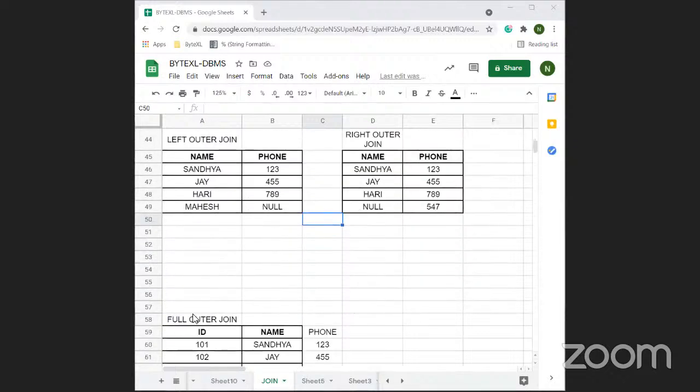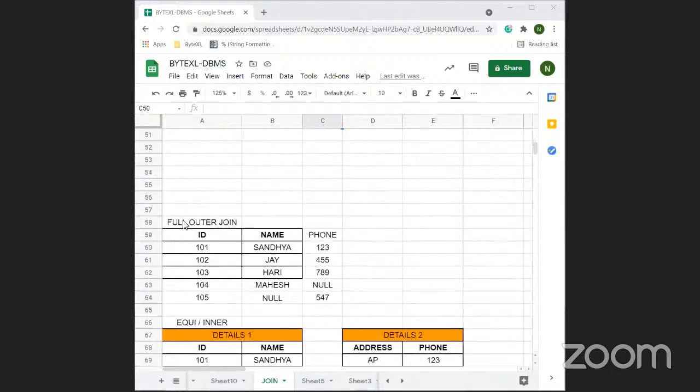And the final join that we have is full outer join. Now this full outer join, again, it will work a miracle. All the details from both the tables will have to be taken. That is how this will work. So first all the names will be taken.